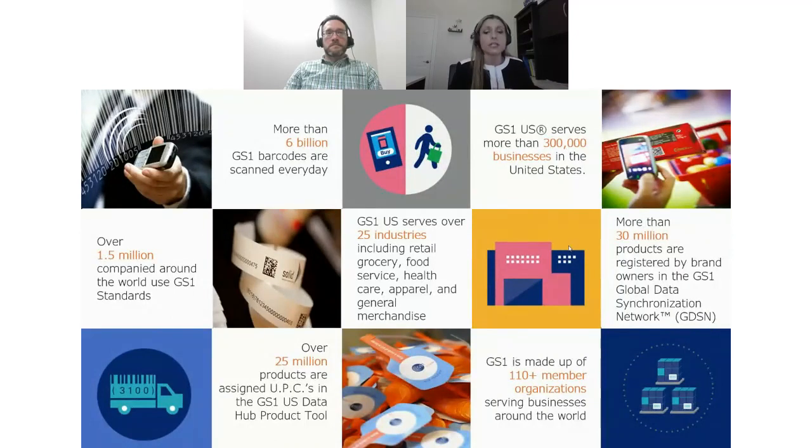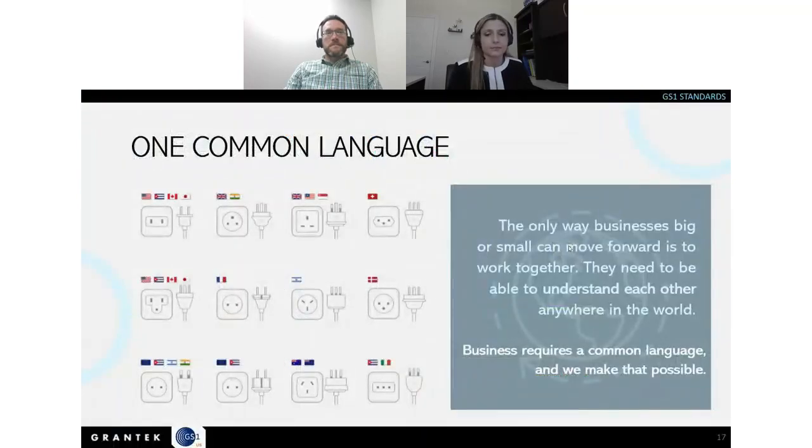We support over 1.5 million companies around the world. Specifically in the US, we serve more than 300,000 businesses across different industries, over 25 actually. The barcodes that are scanned every day, there are 6 billion of them. We also support that. Next, Dave.